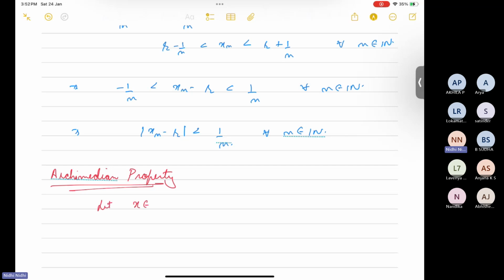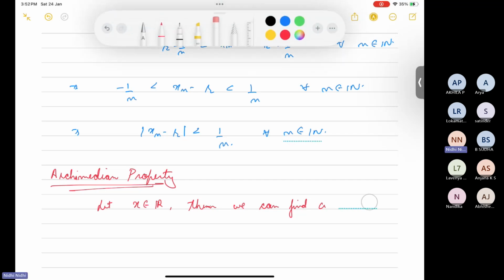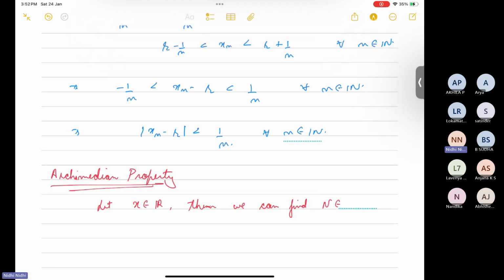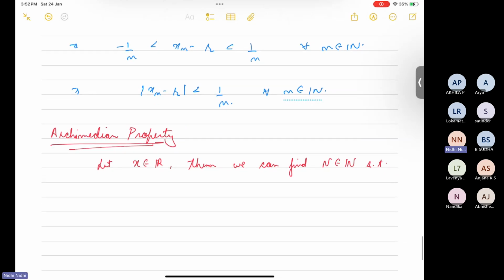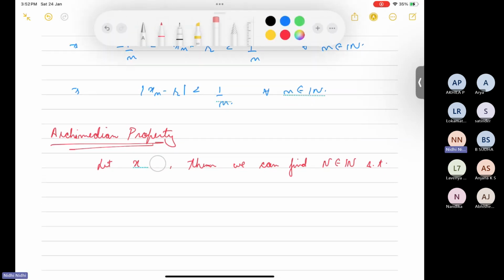Let x be a real number. Then we can find a natural number n in N such that, not, this will be strictly positive.